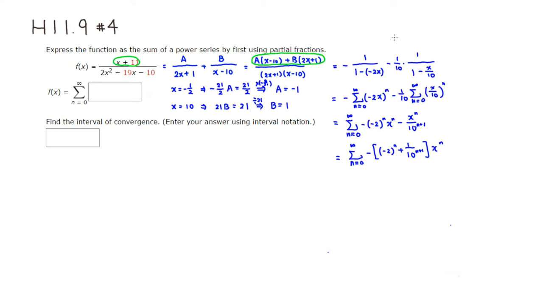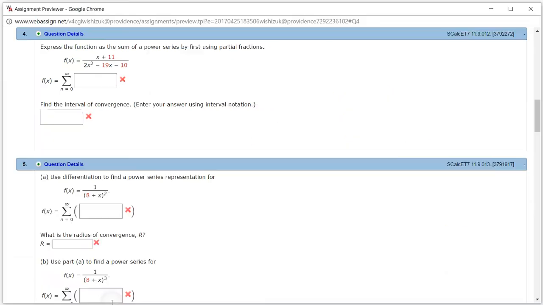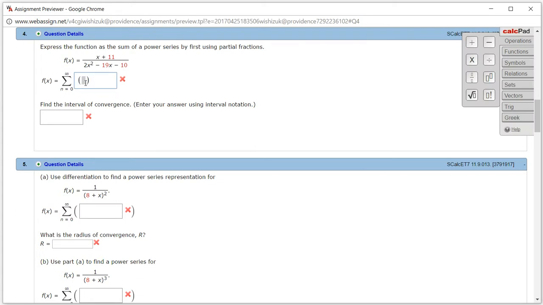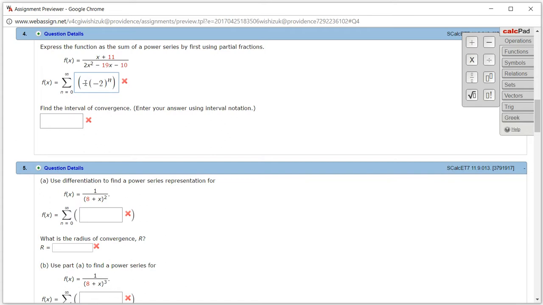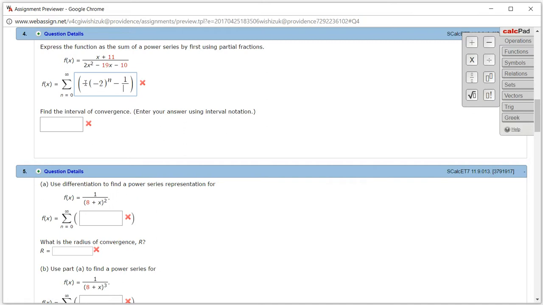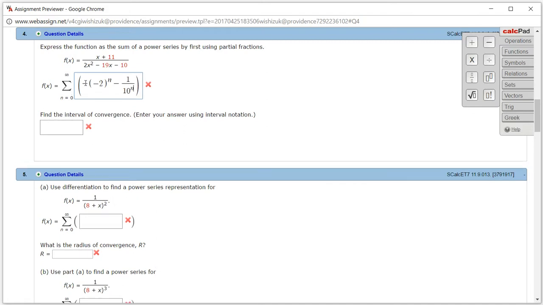So let's see if it works. Let's type it in first. What we got was, in parentheses, negative 2 to the n, then minus 1 over 10 to the n plus 1, and then x to the n.